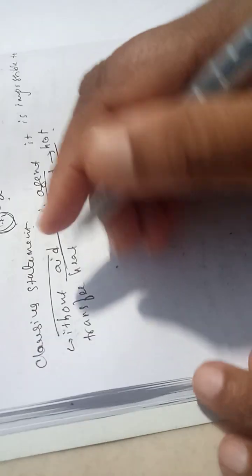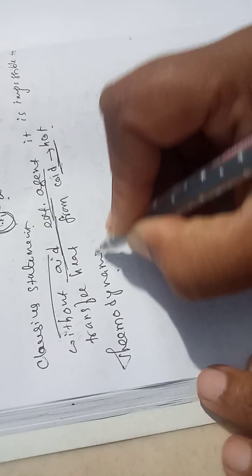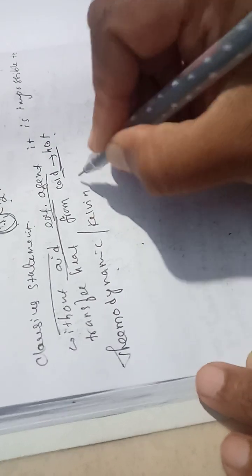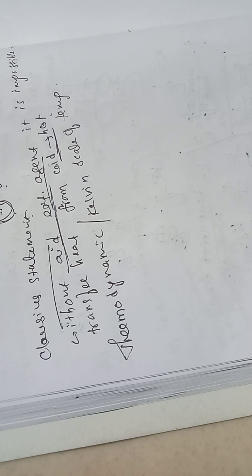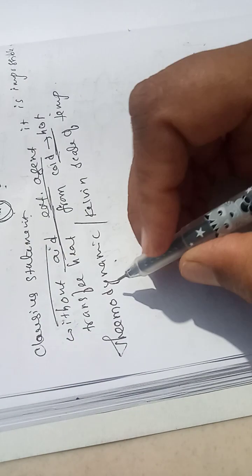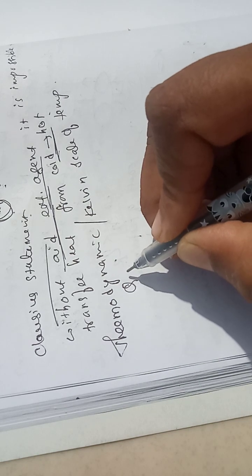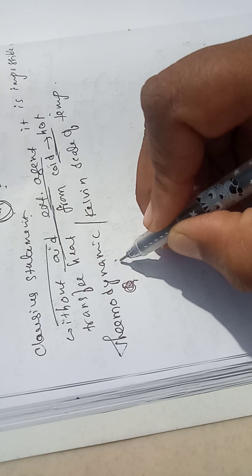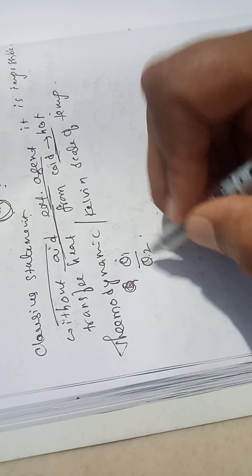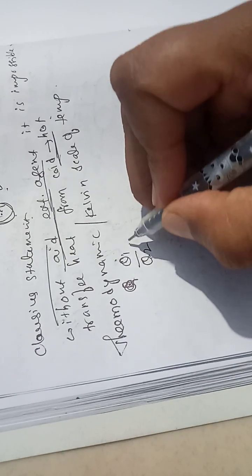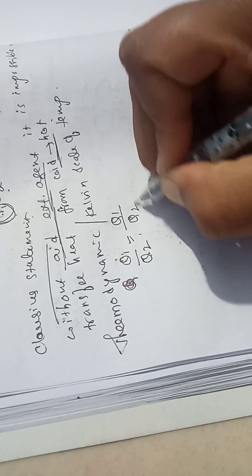Now next, thermodynamic scale, or we can also call it the Kelvin scale of temperature. The Kelvin scale says that the ratio of any two temperatures, I will write them as θ1 and θ2, is the same as the ratio of heat absorbed and rejected.